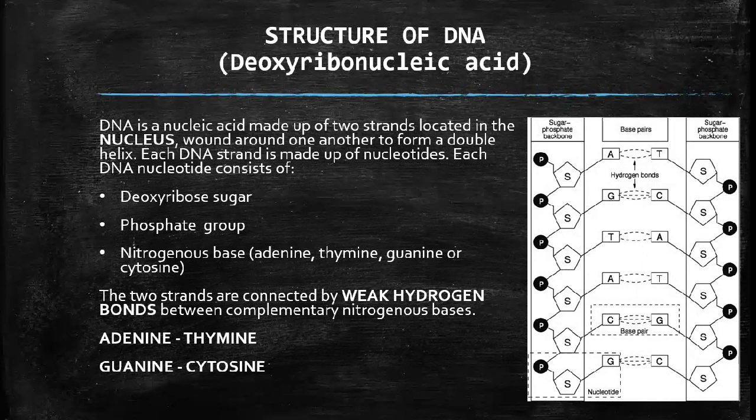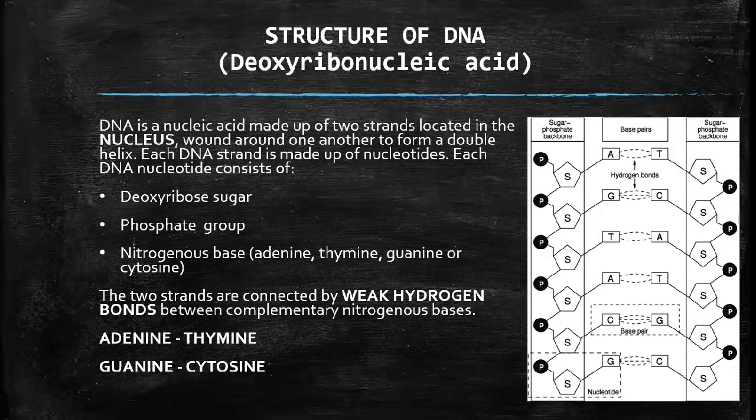These two strands are wound around one another to form a double helix, which is what we talked about when we were talking about the discovery of the DNA molecule structure. Each DNA strand is made up of nucleotides, and it was discovered by Wilkins and Franklin.